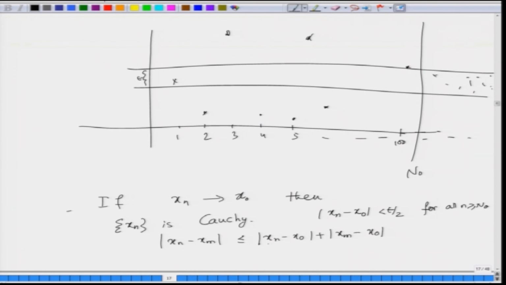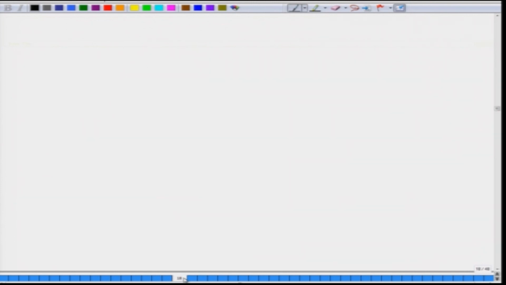Now, if n is greater or equal to n_0, this is less than epsilon by 2. If m is greater or equal to n_0, this is also less than epsilon by 2, for all n, m greater or equal to n_0. So, every convergent sequence is Cauchy.